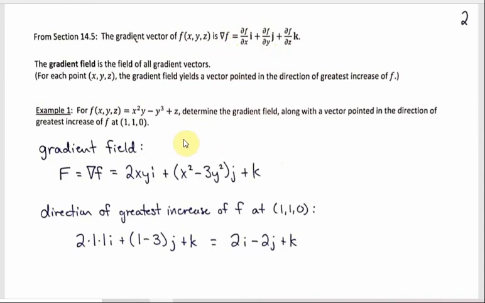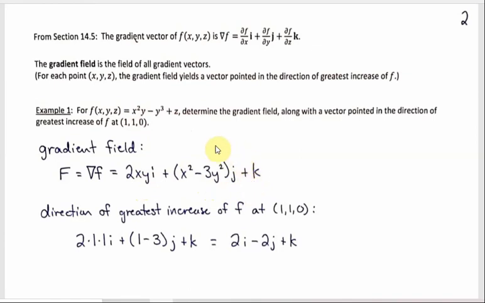In this example, if that's my f, all I did to get the gradient field is figure out what the gradient vector was. That's the 2xy, the partial with respect to x of f. Then there's the partial with respect to y, and then the partial with respect to z, just that 1.